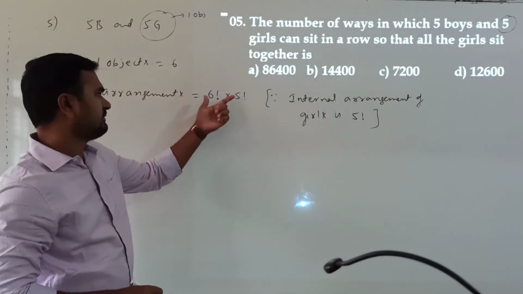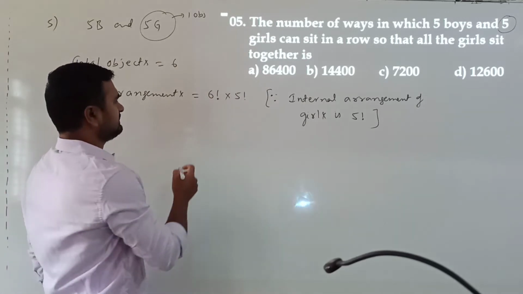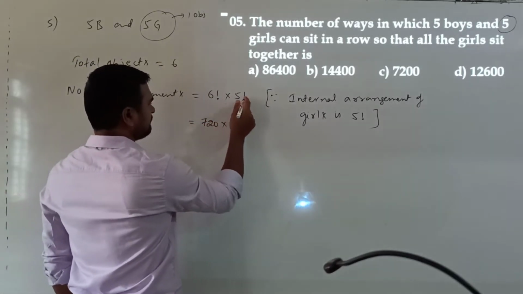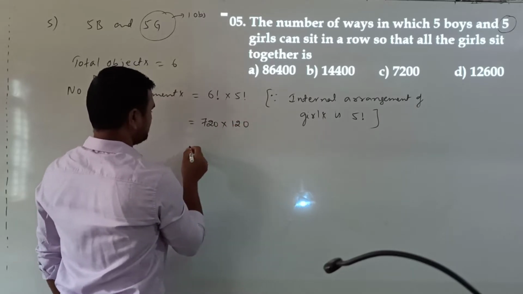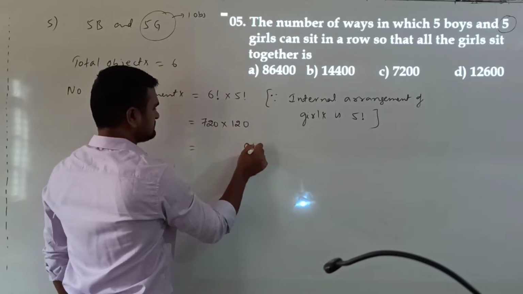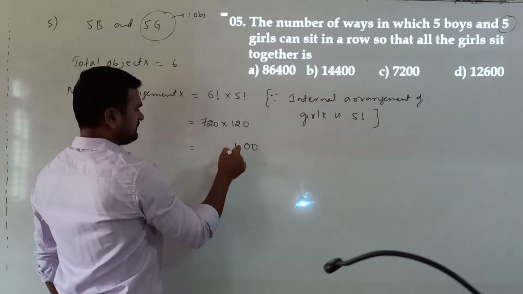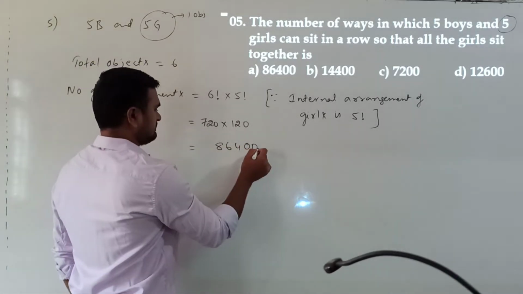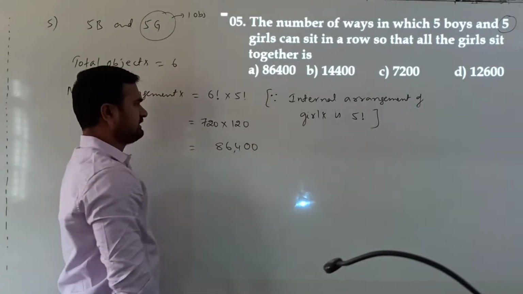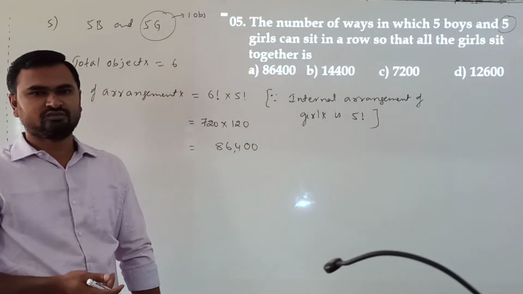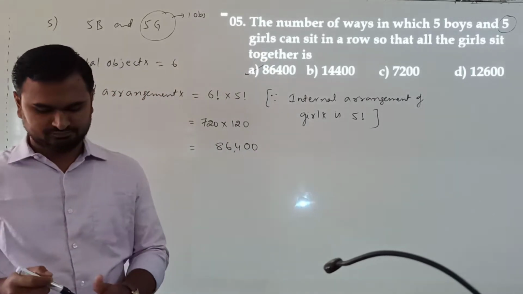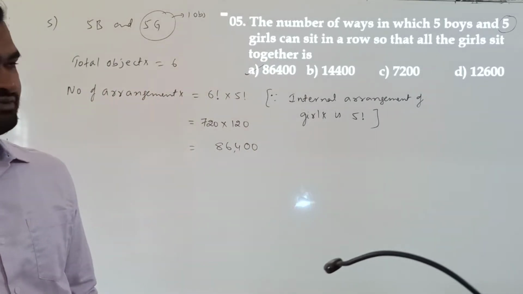That's why we are multiplying these two. 6 factorial is 720. 5 factorial is 120. 2 zeros. 12 2s are 24. 12 7s are 84. 86. So we will get 86,400 arrangements. So the first option will be correct. Okay. See the next question.